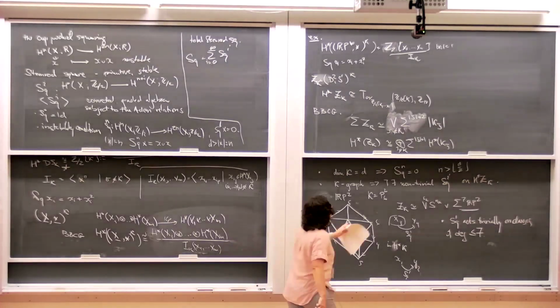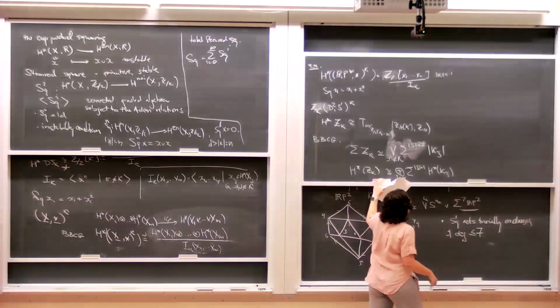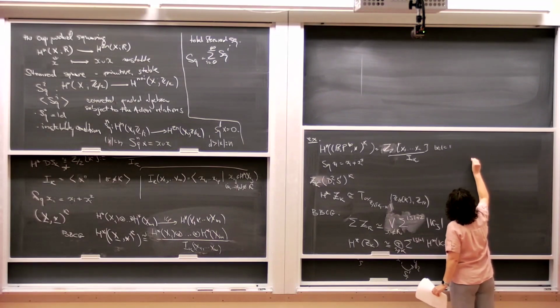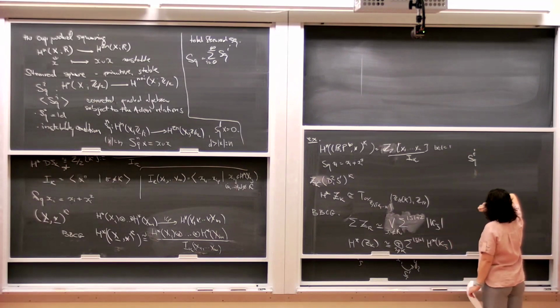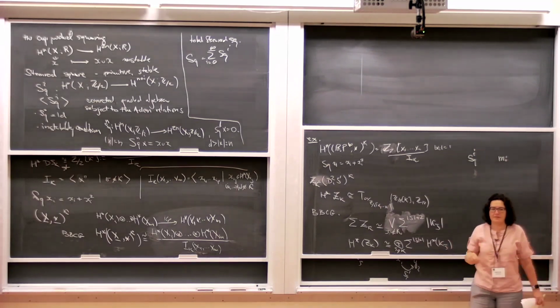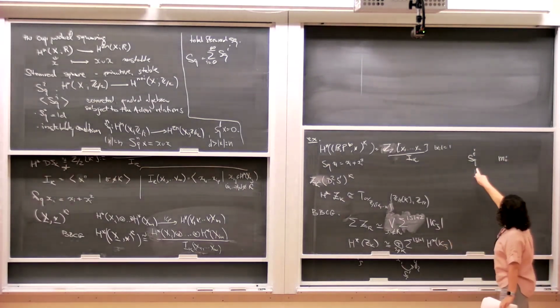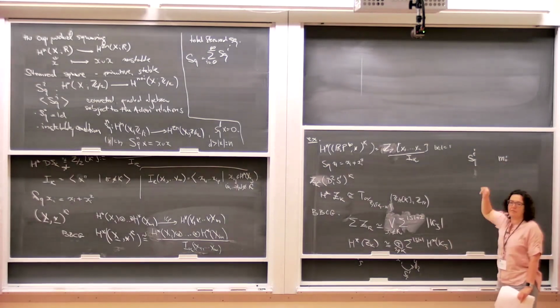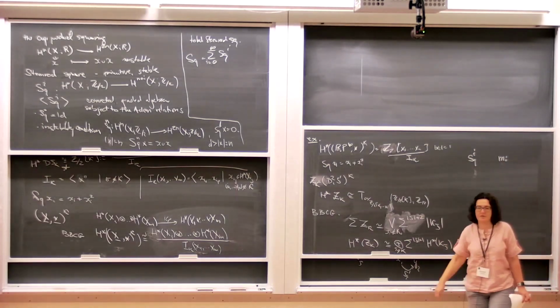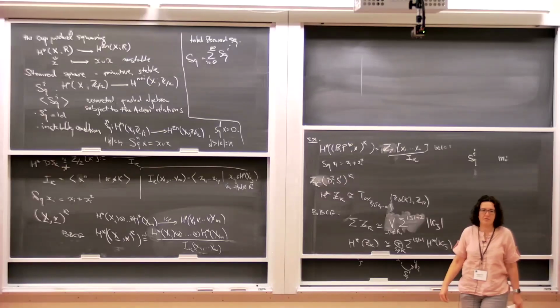Namely, for Sq^i, what is the minimal number of vertices of a simplicial complex K such that Sq^i acts non-trivially on that simplicial complex?